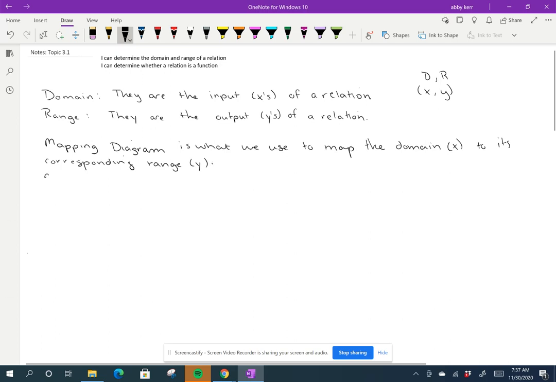Now there's another vocabulary word called set notation. We use set notation when we are writing the domains and ranges separately.